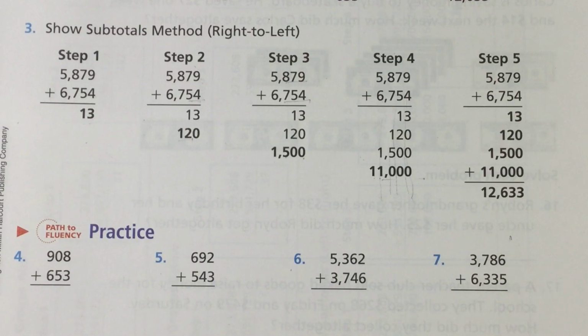So I don't really want to see you using this method all the time. You're welcome to use it to check your work or use it once in a while. But again, I've seen way too many errors happen with this method, but it's really nice to see how it works and to see that you can just break things down so easily and then have them lined up.